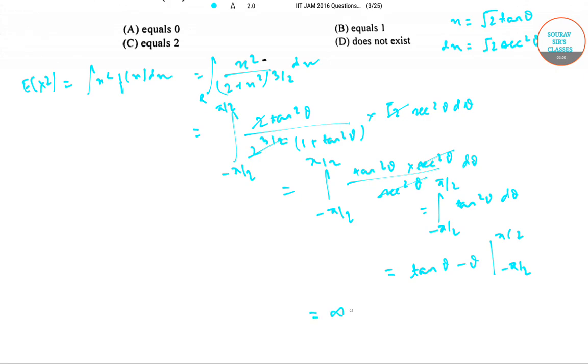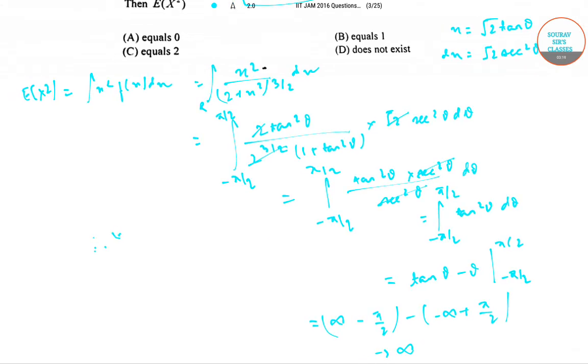So this gives us infinity minus pi by 2 minus (minus infinity plus pi by 2), which tends to infinity. Therefore, the expectation of X squared does not exist. So the correct answer is option D.